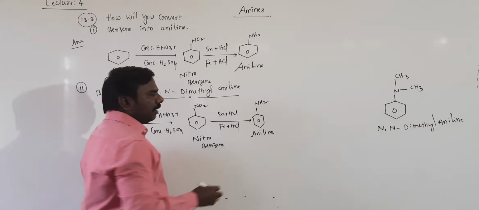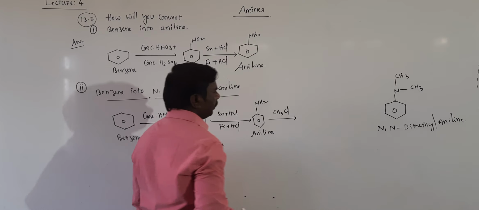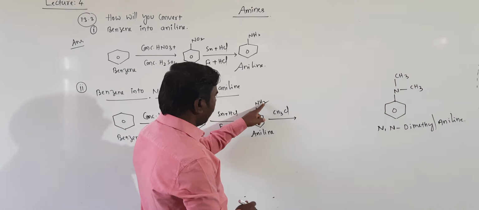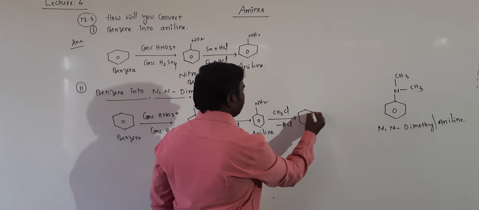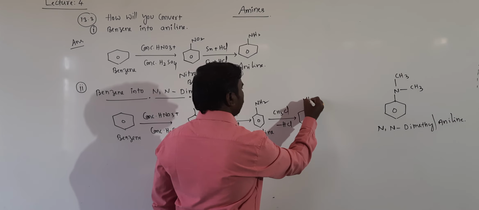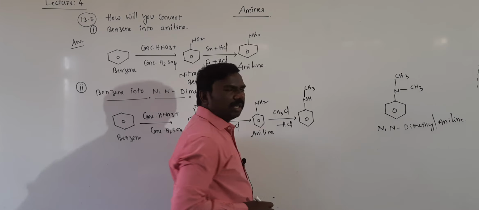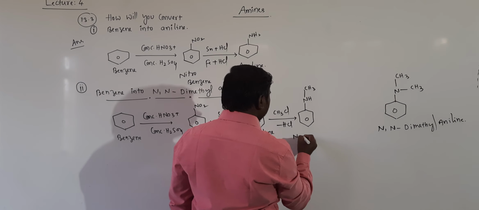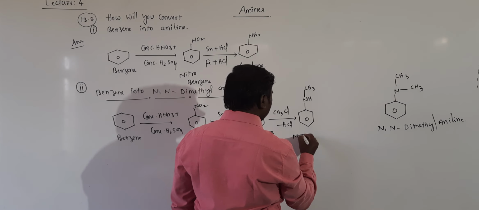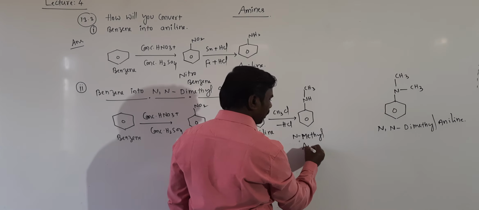Aniline on alkylation with CH3Cl, right? One H and Cl is removed as HCl. In place of H, NH2 is modified as NH, and here CH3. Next, it is N-methylaniline.